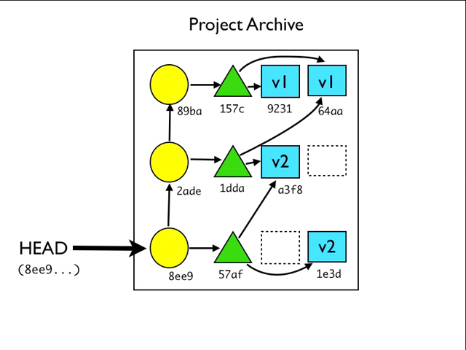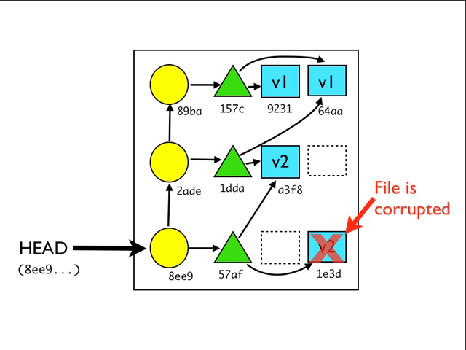Suppose, just suppose, that somehow a file got corrupted. Maybe you had a disk error or some hacker got into your repository and was trying to goof you up. Doesn't matter. The contents now of this file is different than what it should be. And therefore, when you run the SHA-1 hash function over it, you're going to come up with a hash value that does not match its file name.